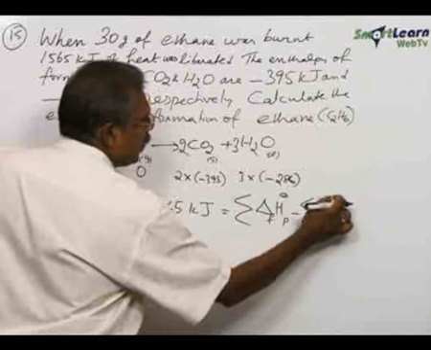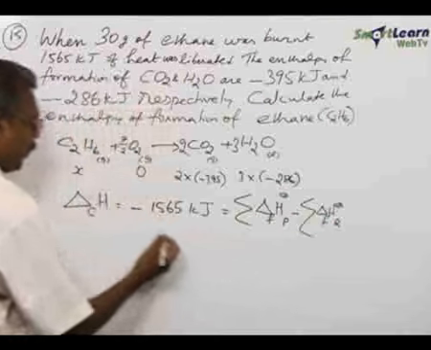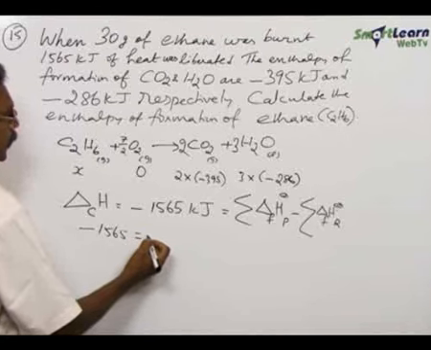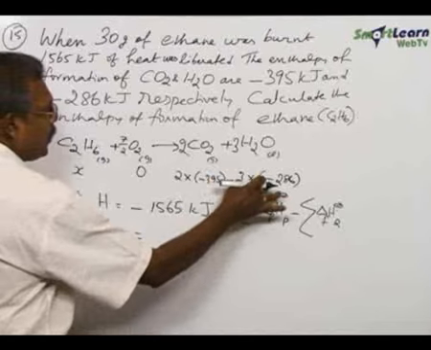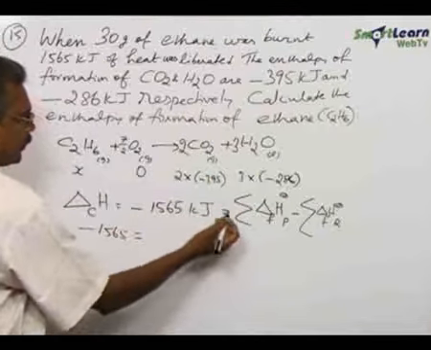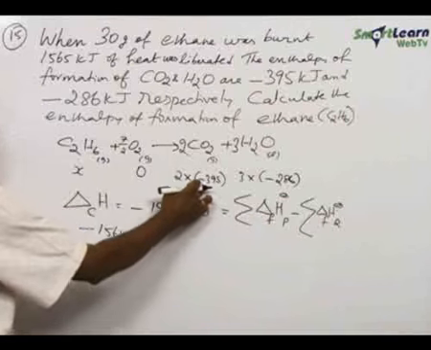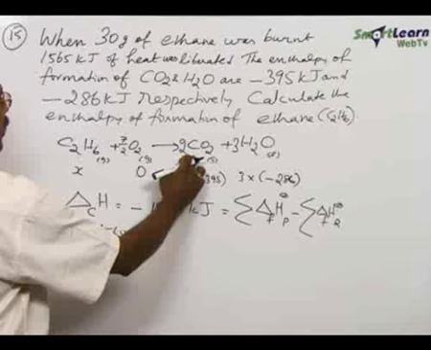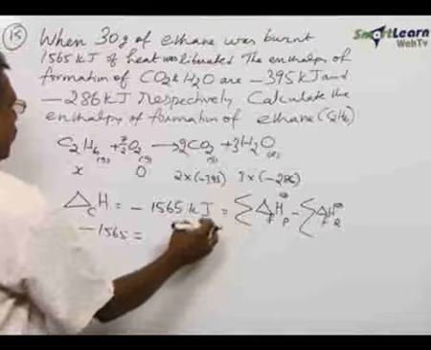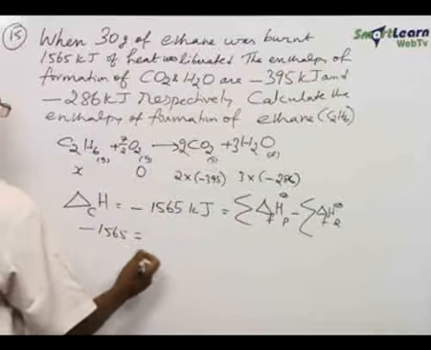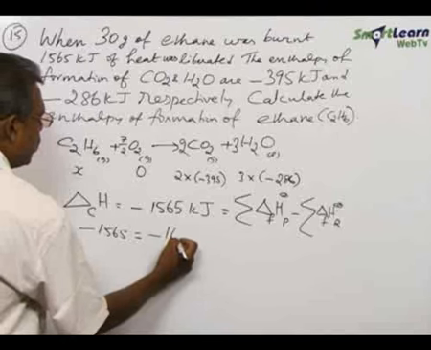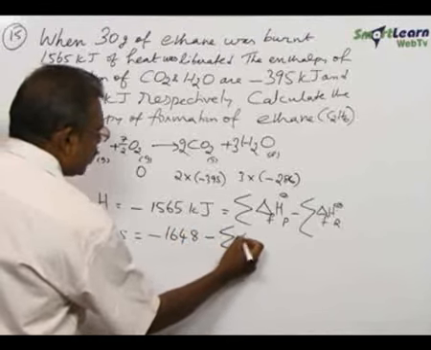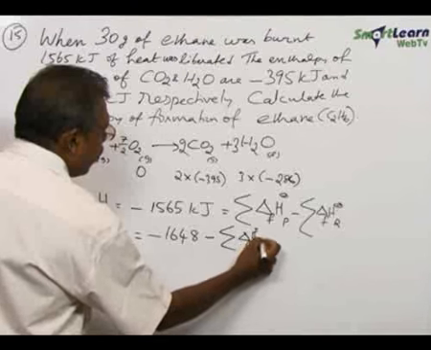This symbol denotes the standard form. Now minus 1565 is equal to the summation of standard enthalpy of formation of products. Here 2 moles of carbon dioxide and 3 moles of water are formed, and if we take the total it comes minus 1648, minus the summation of standard enthalpy of formation of all reactants.